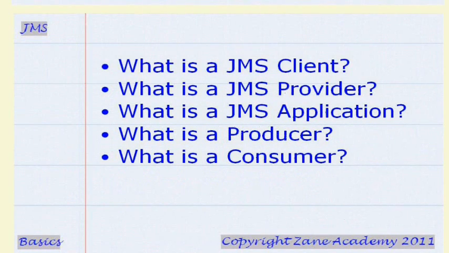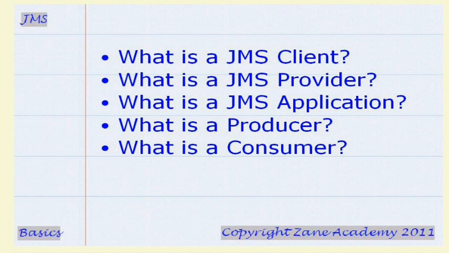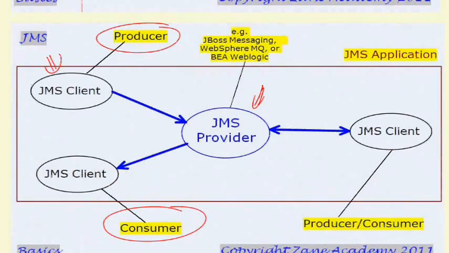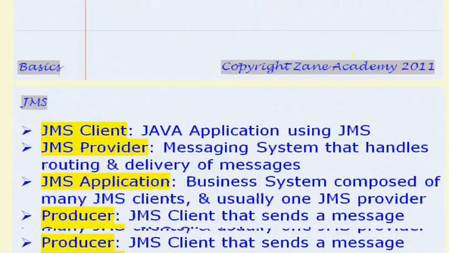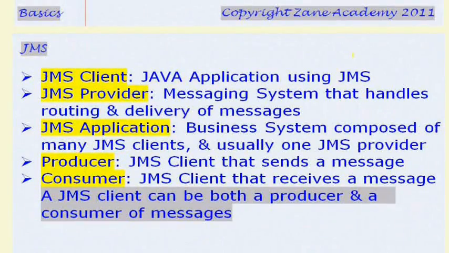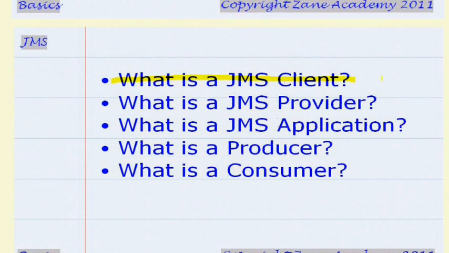So that's a JMS diagram. Let's quickly define each one of the actors that we talked about in the diagram. What is a JMS client? A JMS client is a Java application that is using JMS. What is a JMS provider?